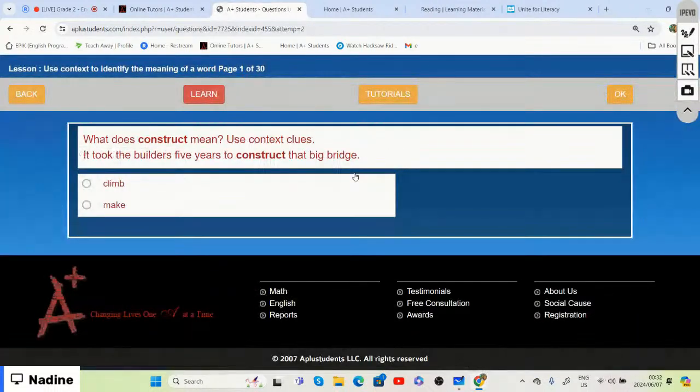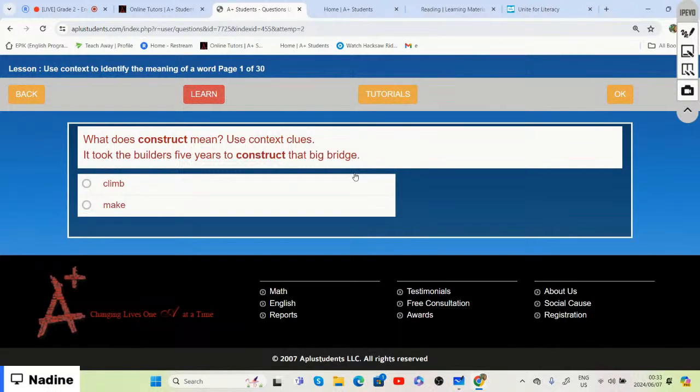Once again, what does construct mean? You need to use the context clues, and it says it took the builders 5 years to construct that big bridge.